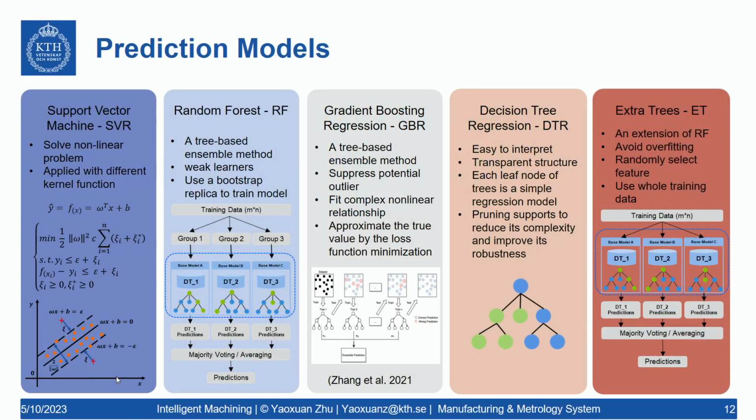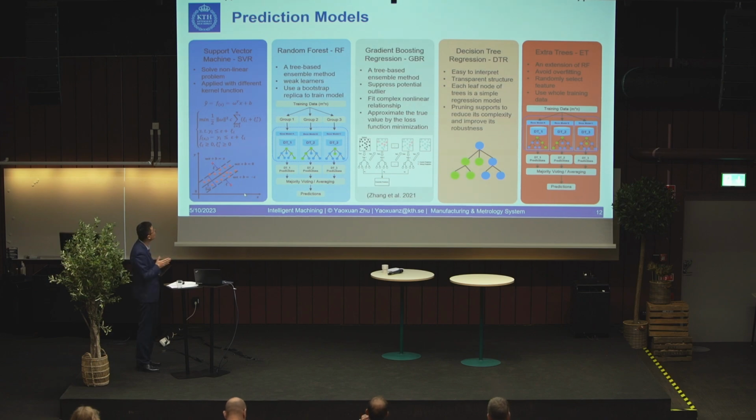When we have enough data, as I mentioned before, we have to choose which machine learning algorithm to build our prediction model. In these cases, we selected 5 very classical machine learning algorithms. They are SVR, support vector regression, random forest, RF, gradient boosting regression, GBR, decision tree regression, DTR, and also extra tree, ET. Due to time limitation, today I don't want to dig into more details or further explain each model.